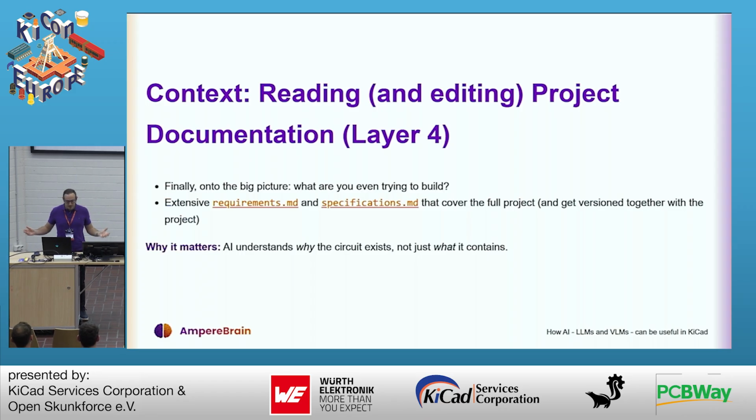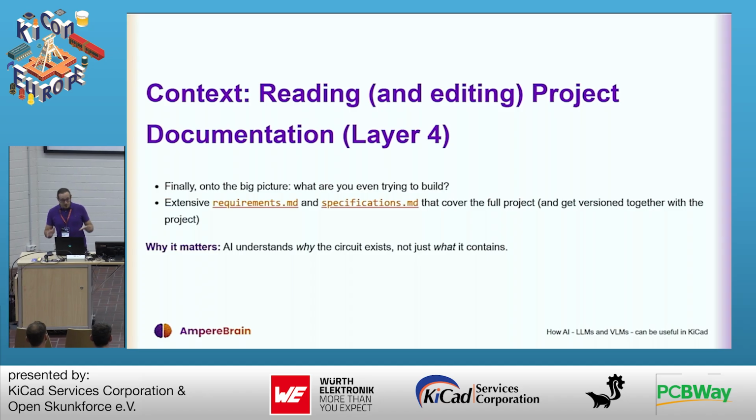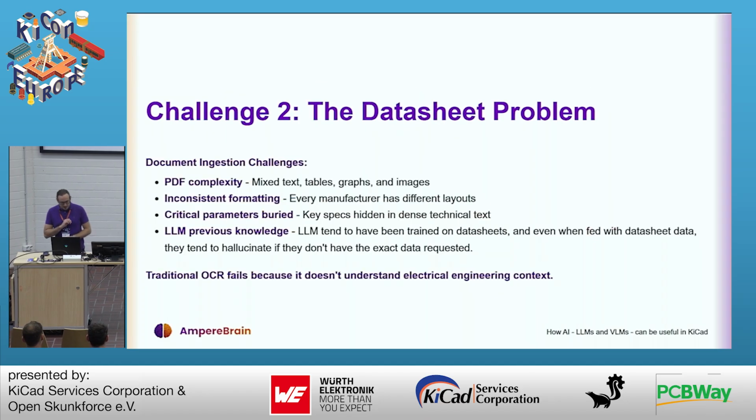In theory, your specifications are always in sync with your schematics. I hope it's always like this, but that's basically the idea. The AI is also here to help you make sure that it stays that way. So that's it for the context issue, for what information we're feeding the LLM when we want to make our edit. Yes, it's a lot of layers, it's quite complex, but it actually works quite well.